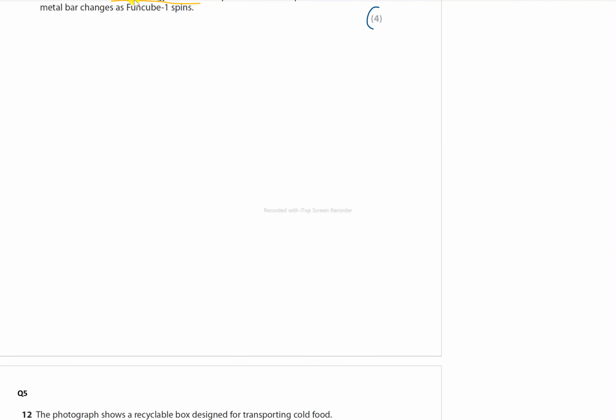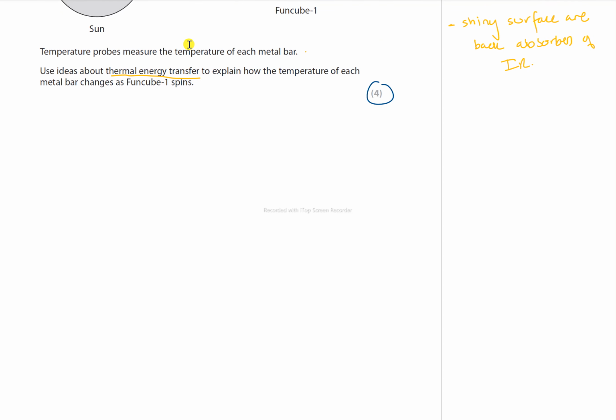We now need to, for 4 marks, explain that by talking about energy transfer, how the temperature changes. Right, we can say both bars increase in temperature when facing the sun.